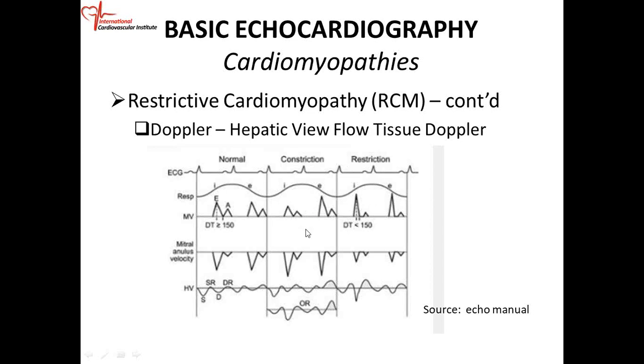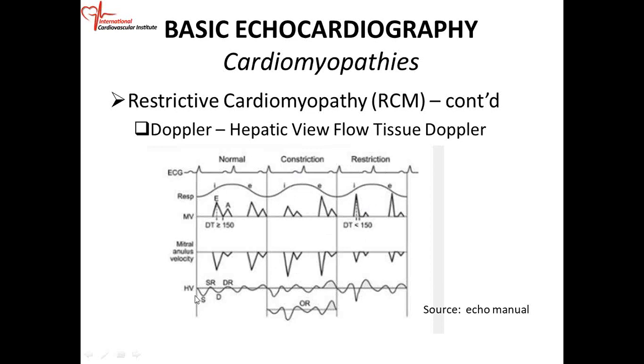Your mitral annular velocity, this is one of the distinguishing features. Your tissue Doppler imaging or your mitral annular velocity, because restrictive cardiomyopathy is a heart muscle disease, your E prime is going to be reduced. Constrictive pericarditis is a pericardial disease, so the E prime is not going to be reduced because it is not a heart muscle disease, it's a pericardial disease. So E prime is going to be normal or sometimes it's exaggerated.